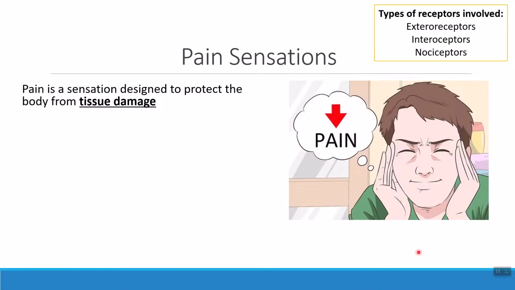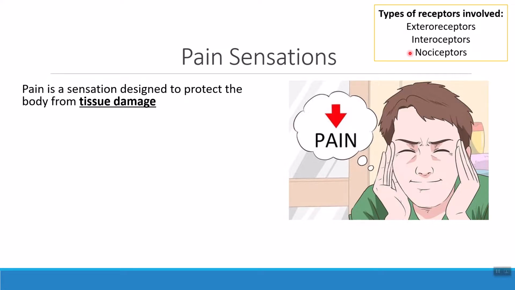We should also talk about the way that your body detects pain sensations. Pain sensations can be detected either from the external environment or the internal environment. So both intero and exteroreceptors are involved. And remember that my special name for pain detectors is nociceptors.